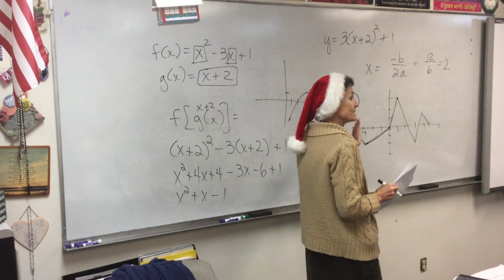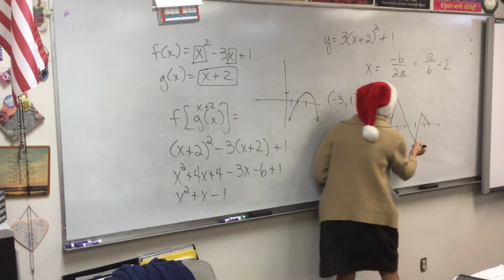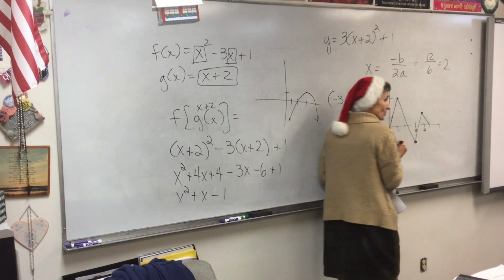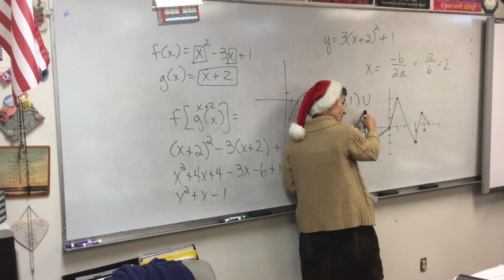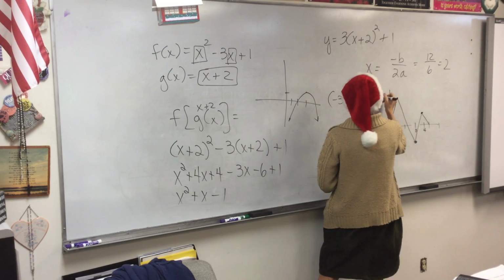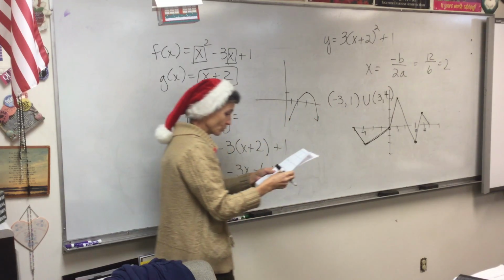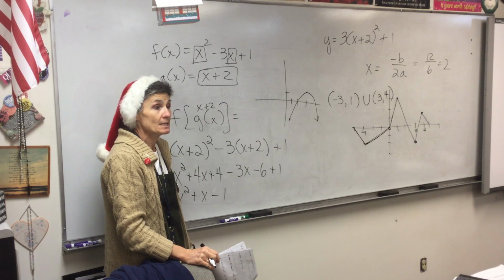Now, am I increasing anywhere else on the picture? Yes. From here to here. So that's from 3 to 4. So I'll say or, that's my union symbol, from 3 to 4. And that would be the answer to the question. Those are the places where you are increasing.